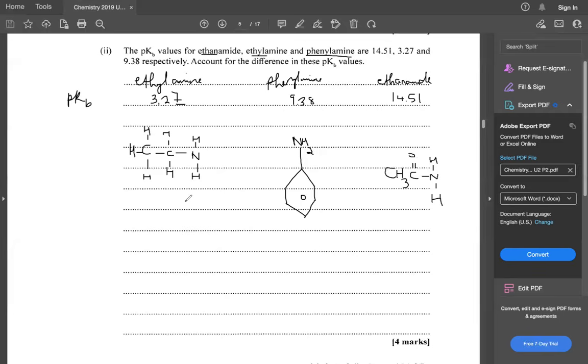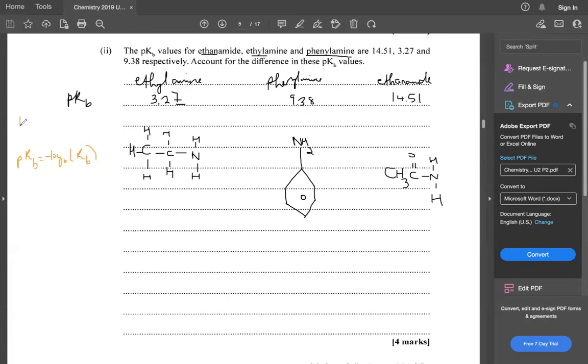Okay, so now let's look at the structures and see what's going on and how that might affect these pKb values. So to do that, let's just do a quick recap on what pKb values actually tell us. So I'm just going to jot that here. The pKb is essentially the negative log to the base 10 of the Kb value of a base.